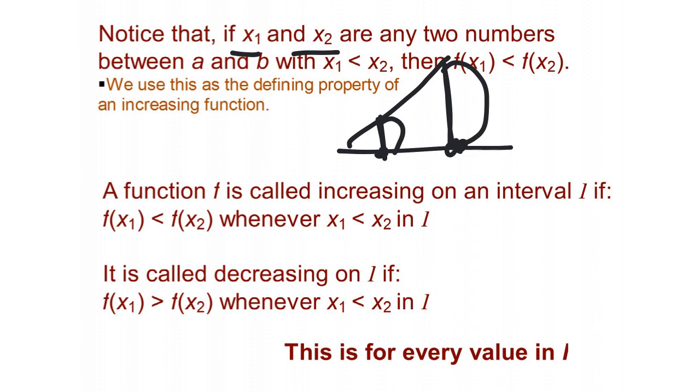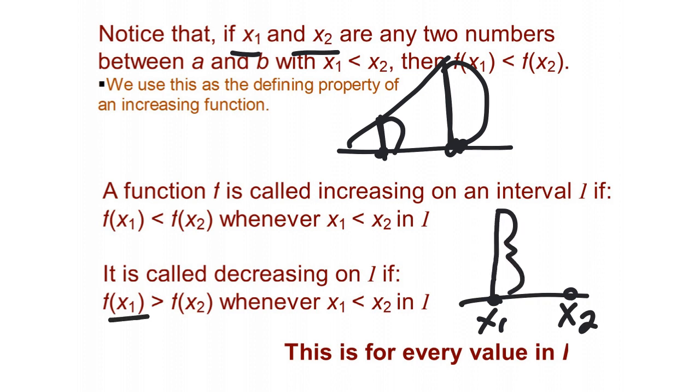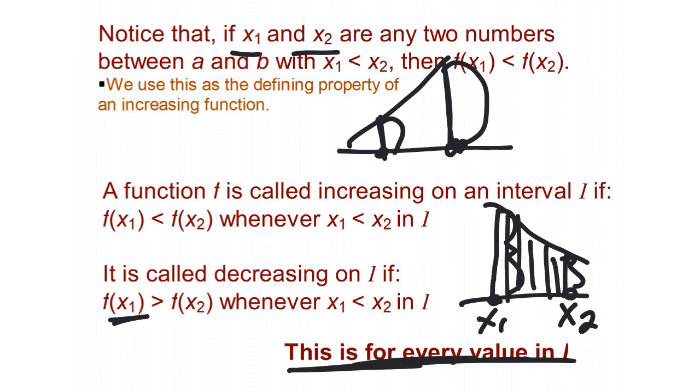And then the other way, if you have x1 here and x2 here, if f of x1, so the y, is greater than f of x2 right here, it's going to be decreasing. And so the key here is that it has to be true for every value inside the interval. That's all it's saying. Any number I picked in this interval from x1 to x2, it has to be satisfied.